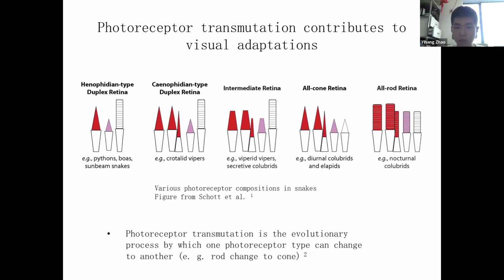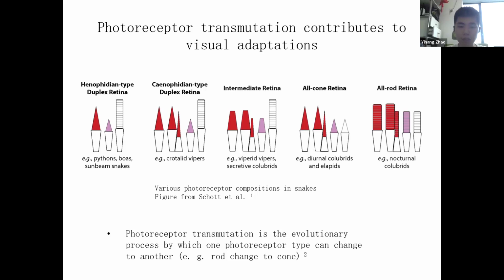These photoreceptors are neither cone nor rod, but kind of in between. And there are also all-cone retinas and all-rod retinas for diurnal and nocturnal species. So this very diverse photoreceptor composition is not expected, and it is very uncommon among vertebrates.